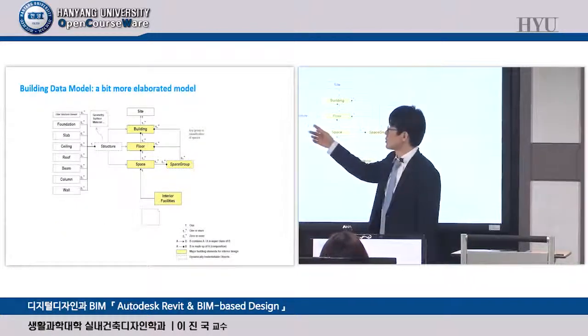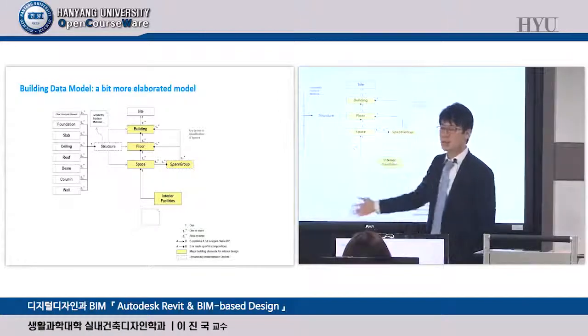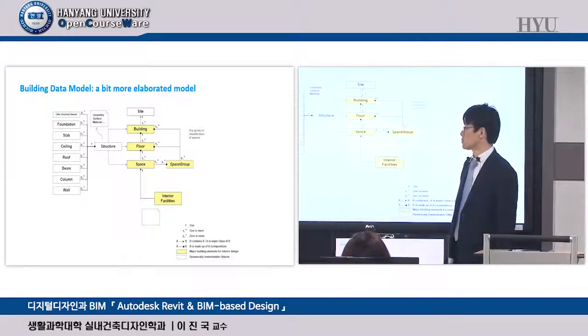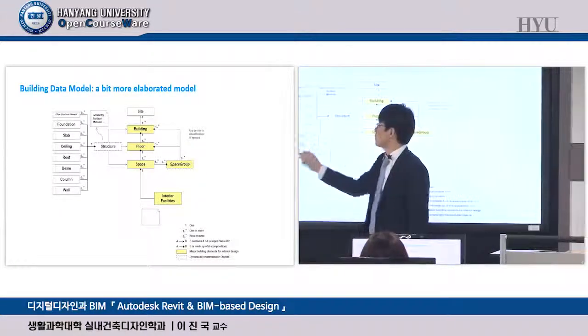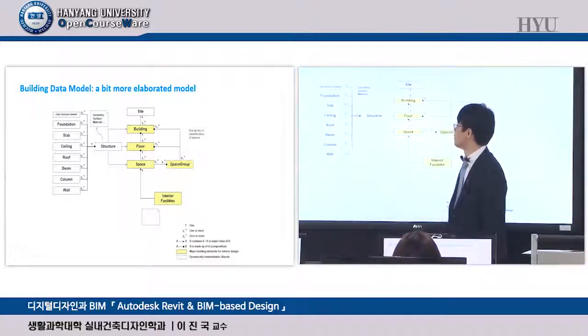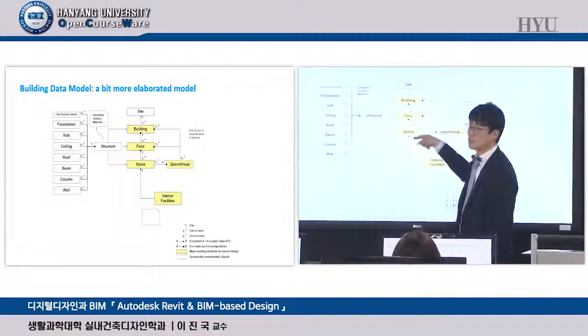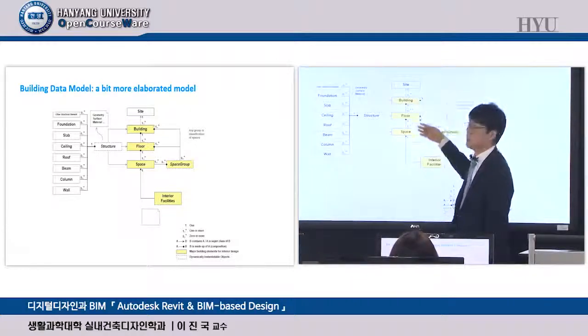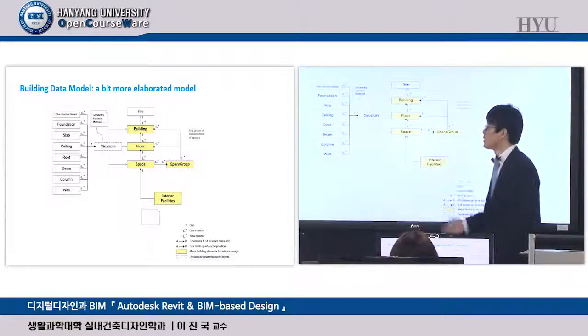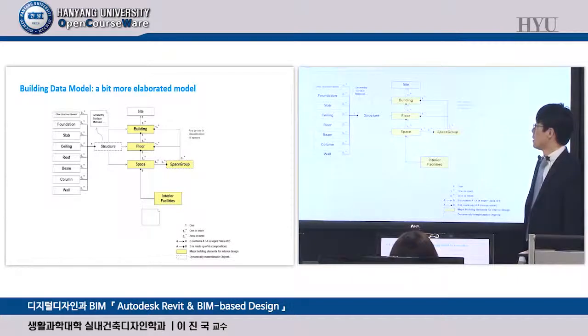The structure is for physical, tangible, and specific components. Of course, there are some physical and tangible components, but those are some topological, hierarchical, conceptual elements, but they are still in the structure of the BIM.